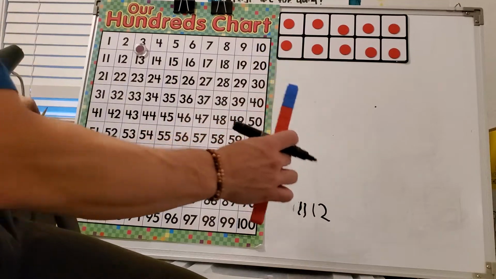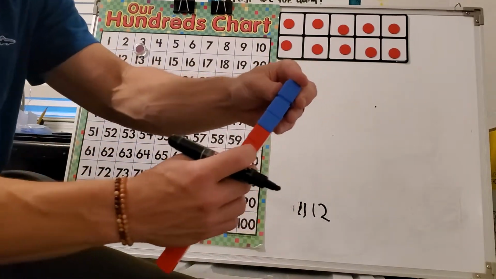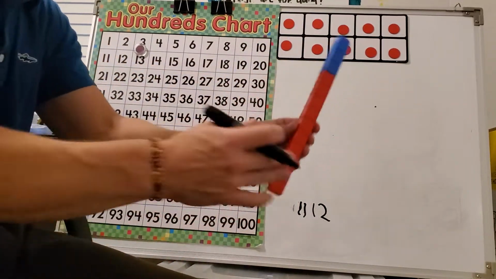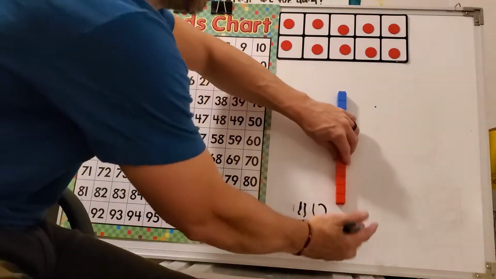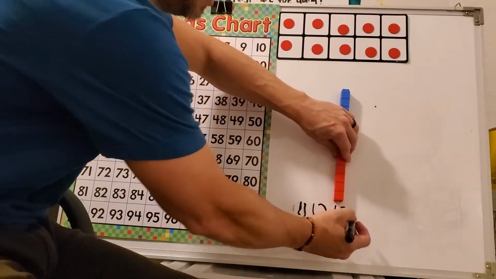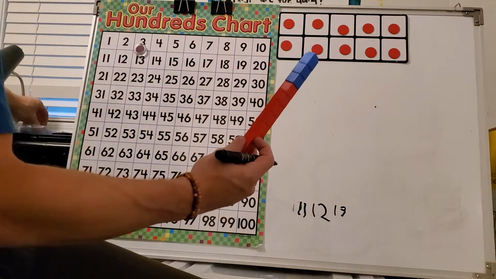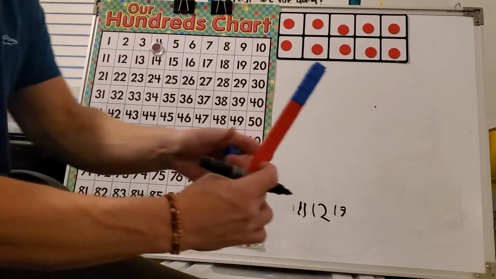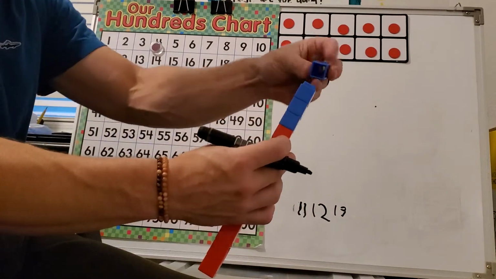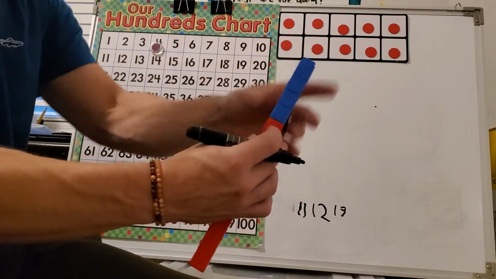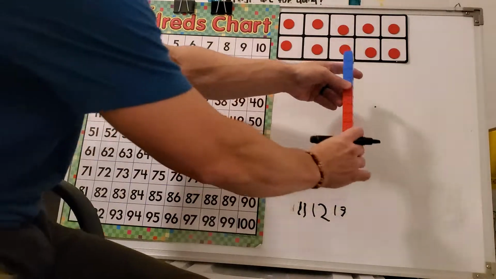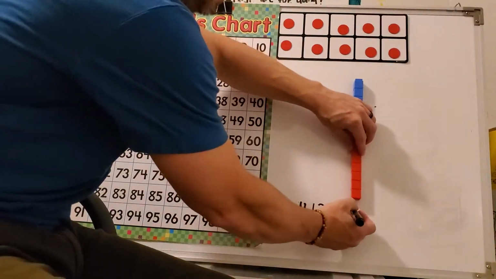Coming next is 13. I'm going to continue my pattern, adding one more. 10 and 3 gives me 13. You see? Awesome. Let's add one more. 10 and one more is 4. 10, 4 gives me 14.